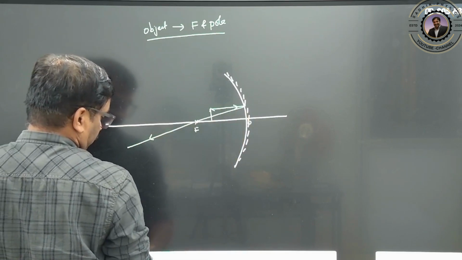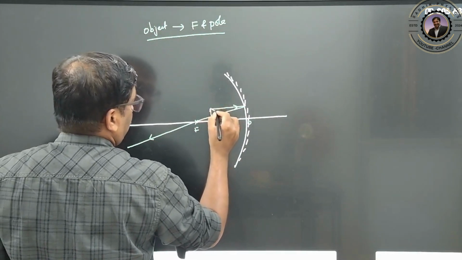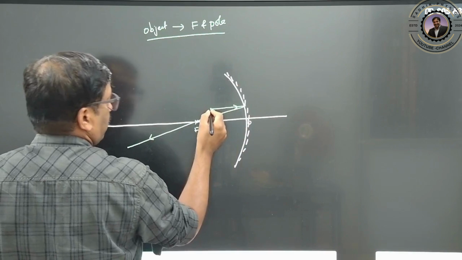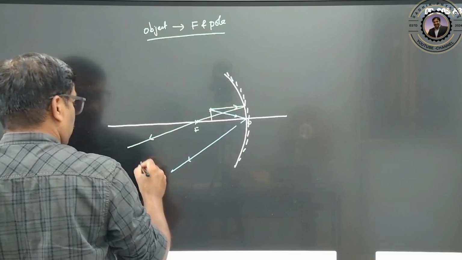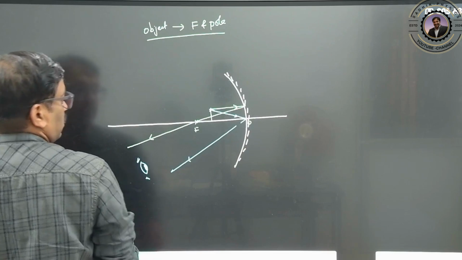Next one. You can draw this diagram also. Suppose a light ray is incident, and it goes here. If these light rays are coming and falling on your eyes, what will happen?